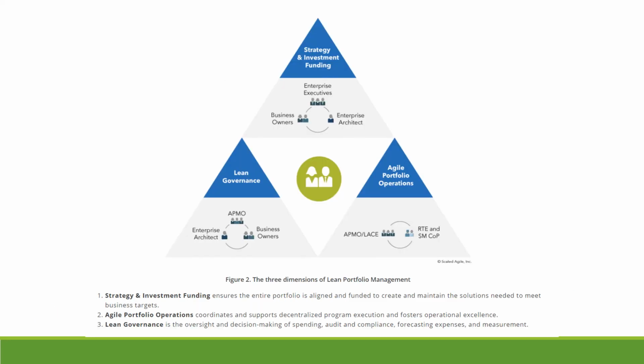So there are three components in lean portfolio management. Strategy and investment funding ensures that the entire portfolio is aligned and funded to create and maintain the solutions needed to meet the business targets, right? It's about strategic funding. Actually, you need to identify the right products for your company, the right product sets, right epics or right set of features for your company and fund them.